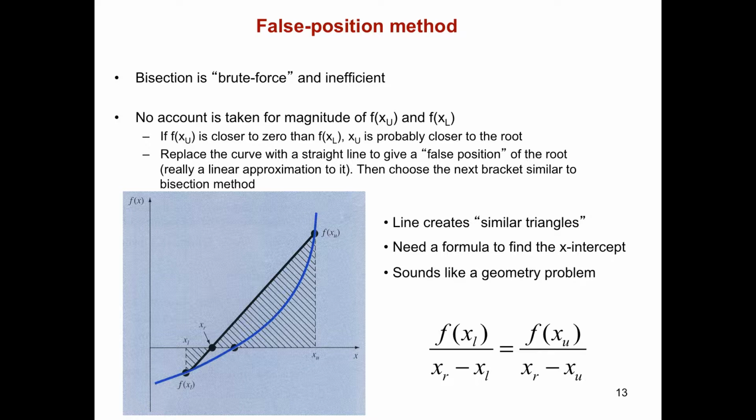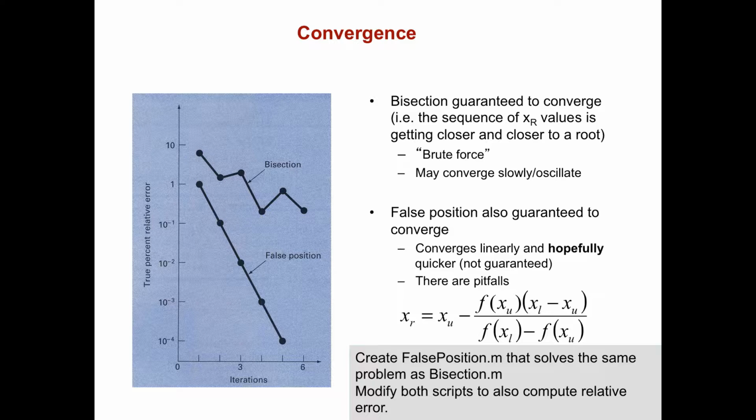And from it I can simply solve for what xr should be. xr is xu minus f of xu times xl minus xu divided by f of xl minus f of xu. So you can actually recognize the slope. This is the slope of that line over there.